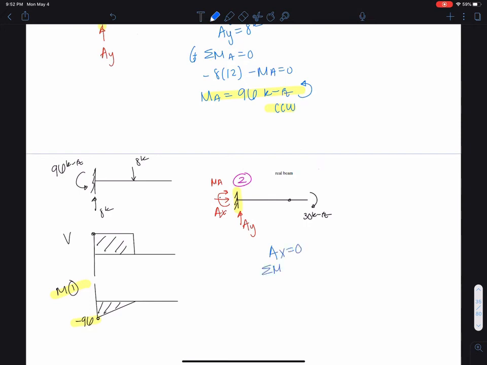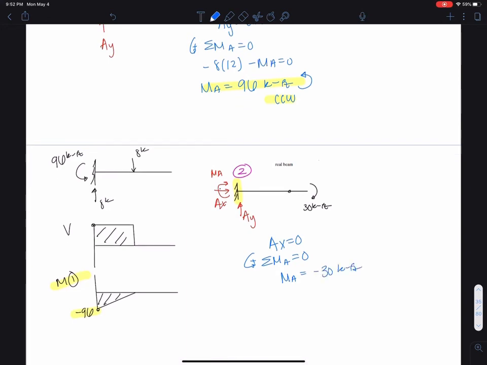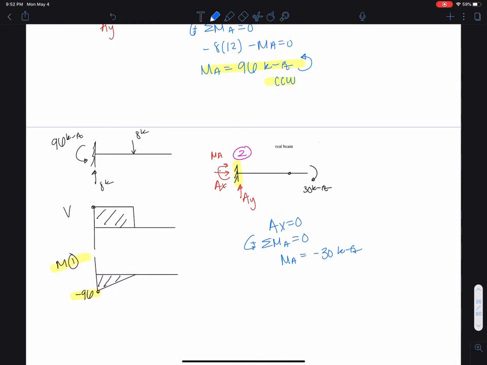We're going to sum moments around point A, set them equal to 0, counterclockwise is positive, and we can see MA is equal to negative 30 kip feet. So I'm going to take out the negative here and just write 30 counterclockwise. And this is for case 2.